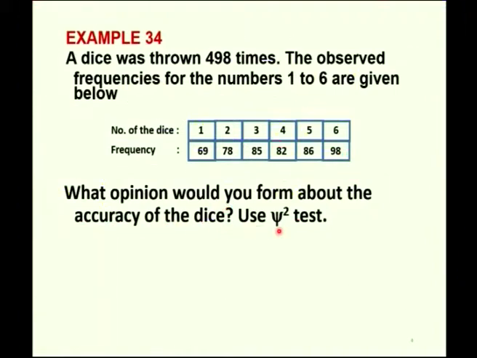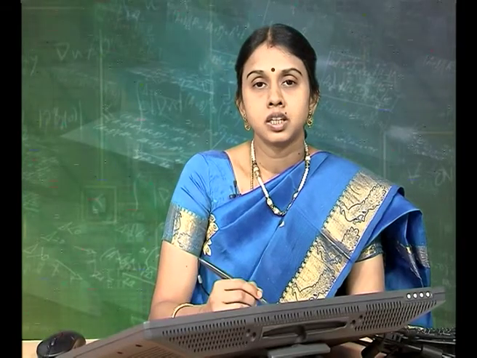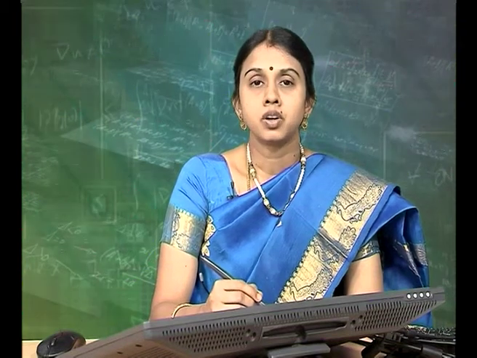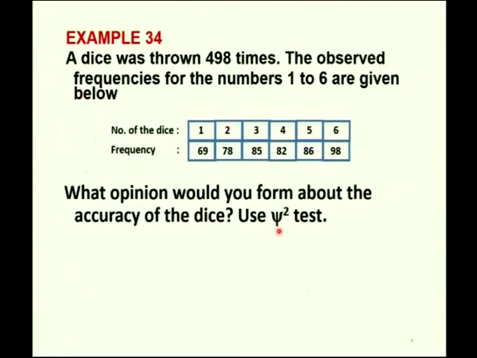Use chi-square test. So, first of all, if we want to discuss whether the die is accurate, we have to discuss whether the die is biased or unbiased. We will set up H naught so that frequencies are equally distributed. So, step 1 is setting up of H naught such that summation OI is equal to summation EI, which says the die is unbiased.